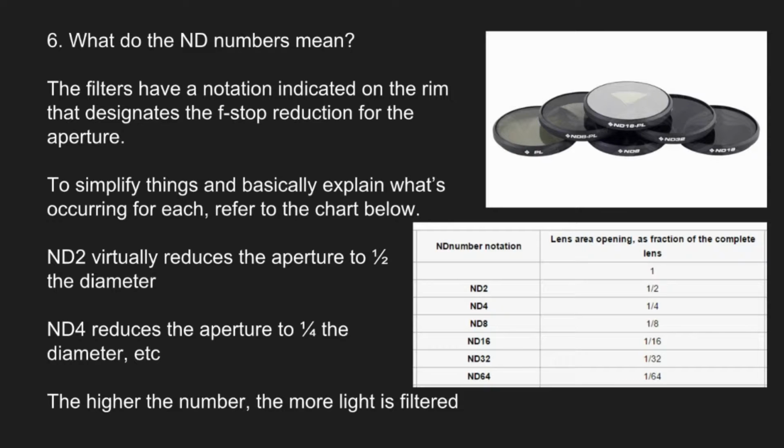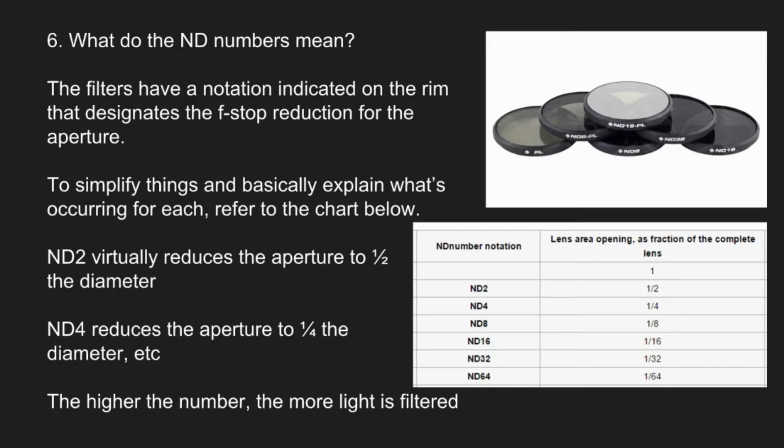Usually it starts with an ND2, then 4, then 8, then 16. And again, you'll notice also on the edges of the filters you'll see a PL, and that means it's polarizing. And you can have combinations of these. Some of them you'll see, so we'll say like ND8-PL. So it's not only neutral density, but it also does some polarizing as well.